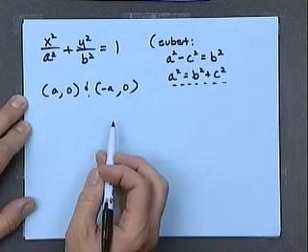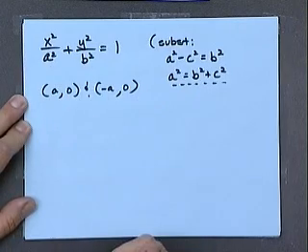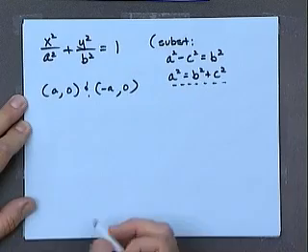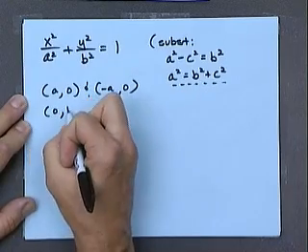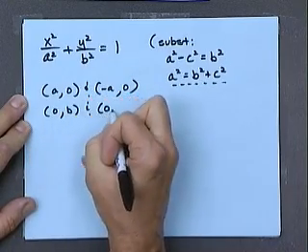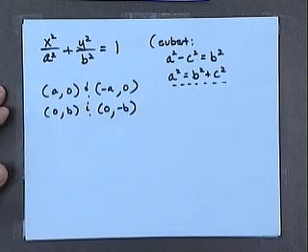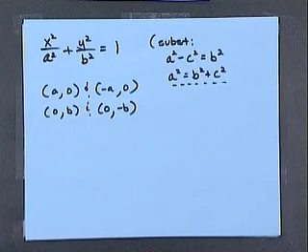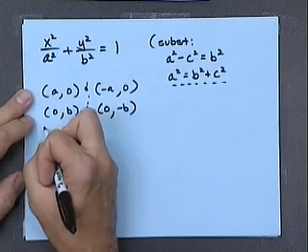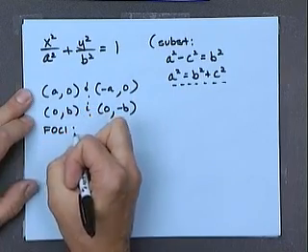If that is true, give me two other points that you know are on this ellipse. 0, b and 0, negative b. Thank you. Everybody see why they're points on this ellipse? And then originally, if you go back to the picture we started with, where were the foci?